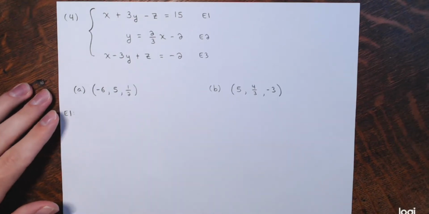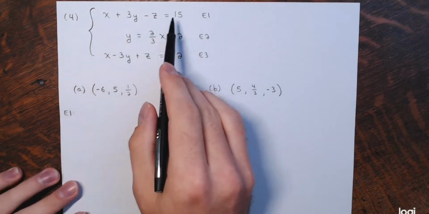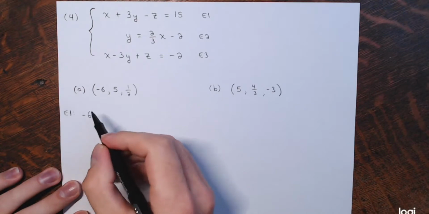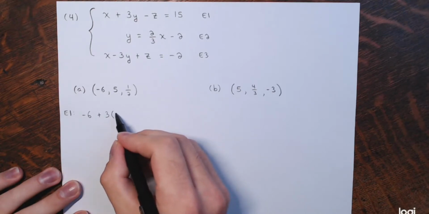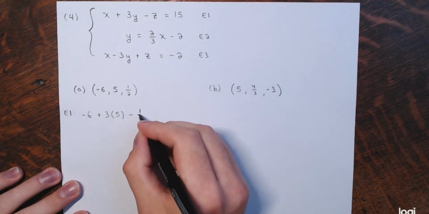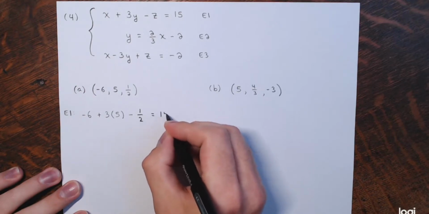Let's test it out. So first equation, x, so -6 plus 3 times the y coordinate, 3 times 5, minus the z coordinate, so -1/2. Is this equal to 15? Well, it can't be.